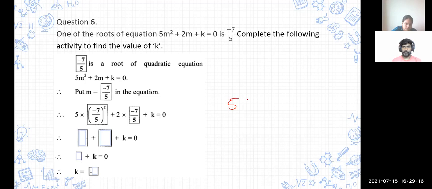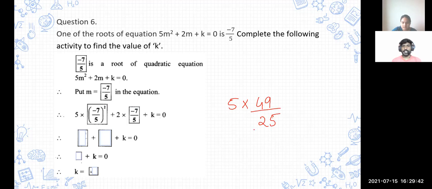Minus 49 upon 25. So 5 into 49. Did you say minus 49? Yes, I said minus 49. What is the square of minus 7? The square of any negative number is always positive, sorry, 49. So 49 upon 25.